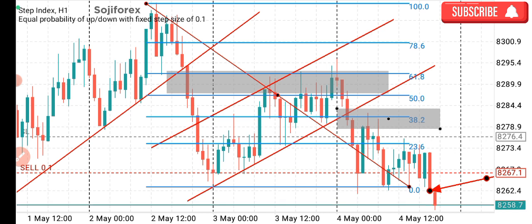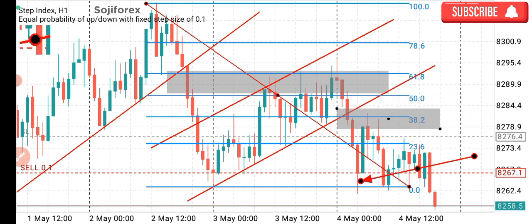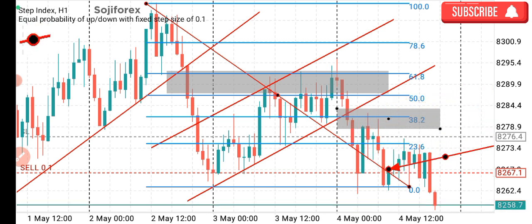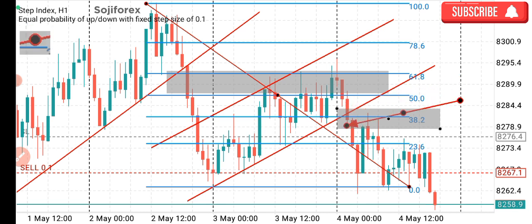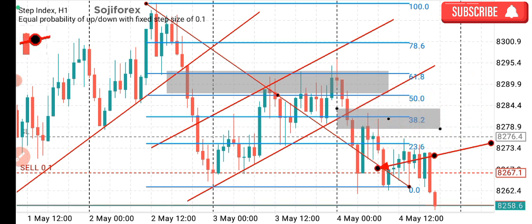So this is pretty simple. This is the break, this is the retest. So this is how you trade. This has been a support over time, and once price breaks the support, you need to validate it as a resistance. So be patient enough. The retest is what validates, that will make our entry.